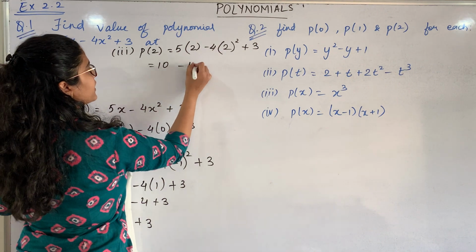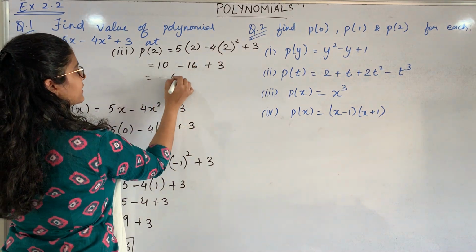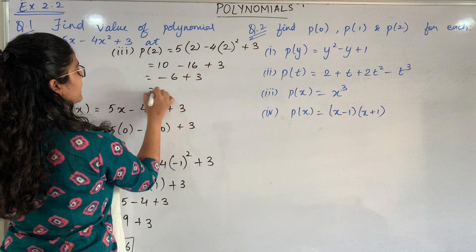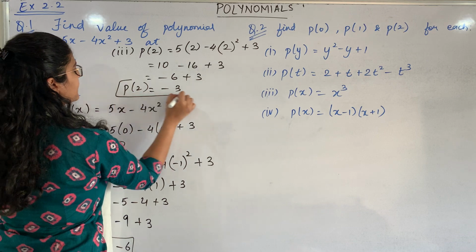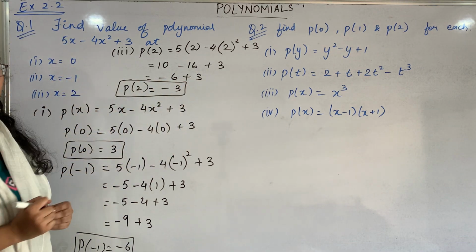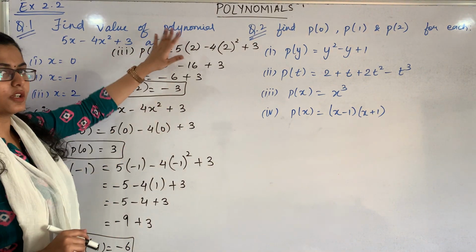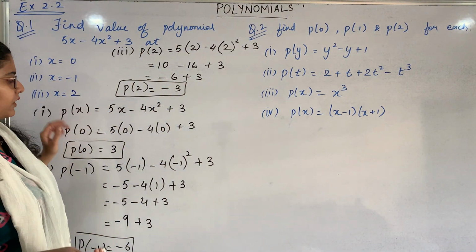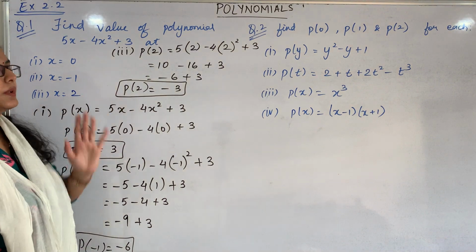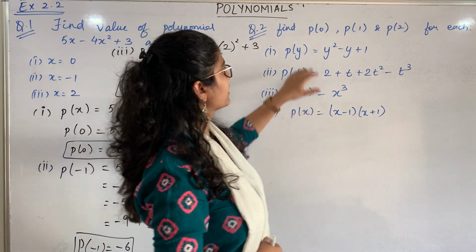What is 4 into 4? 16 plus 3. So 10 minus 16 is minus 6 plus 3. So minus 3. So P of 2, क्या आ गया आपके पास, minus 3. Is this clear? So this was a very easy question. You just have to find the value of polynomial at x equals to 0, minus 1 and 2. So basically you have to find P of 0, P of minus 1 and P of 2. Is this clear?